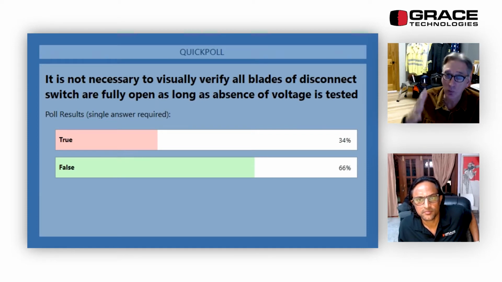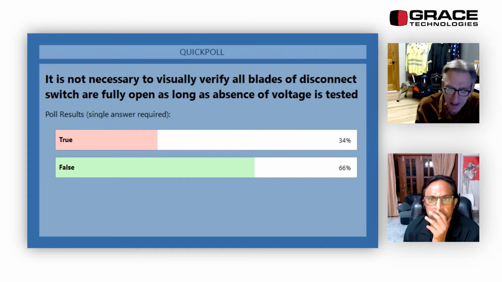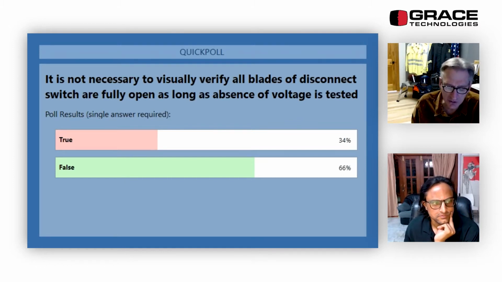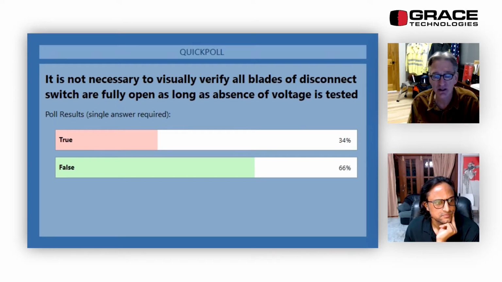Well, one of the steps, step number 3, specifically says wherever possible, visually verify that all blades of the disconnecting device are fully open, or that draw out type circuit breakers are withdrawn to the test or fully disconnected position.